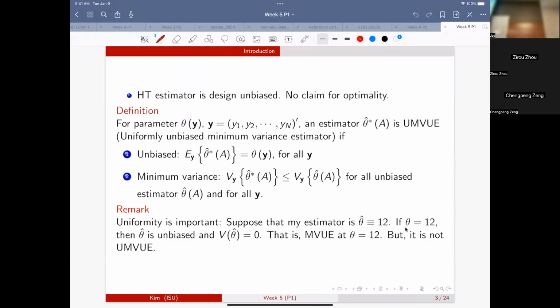The Horvitz-Thompson estimator is design unbiased, right? But we didn't really say that the Horvitz-Thompson estimator is efficient, meaning small variance. We didn't care. It could actually be very inefficient.